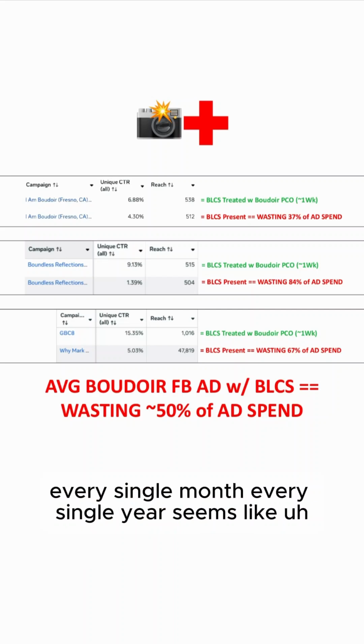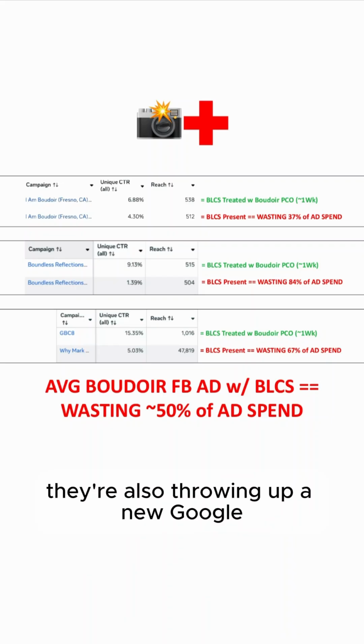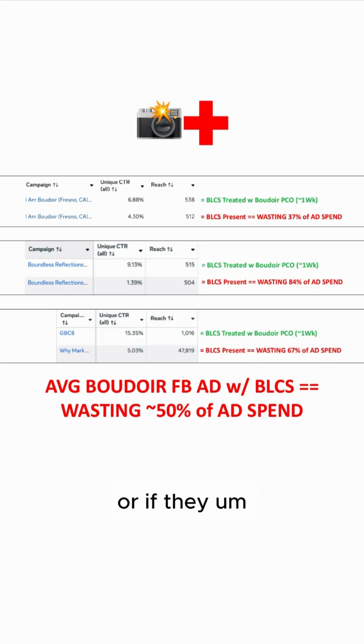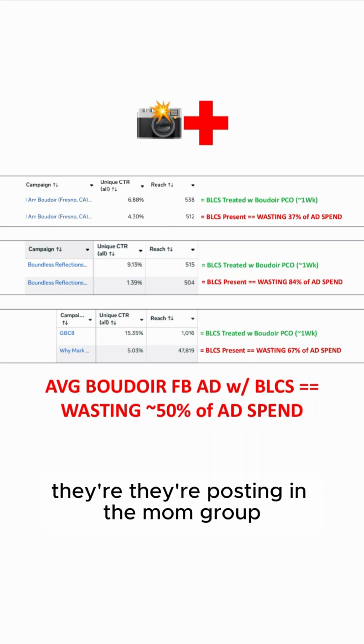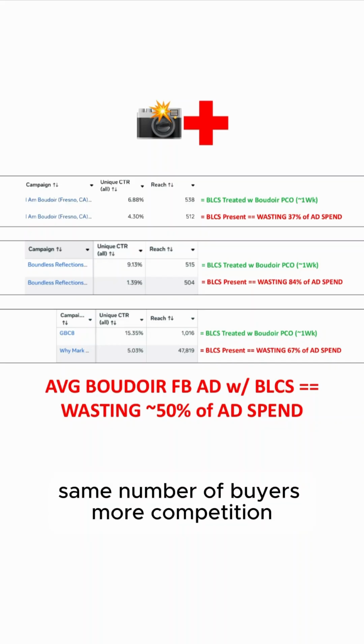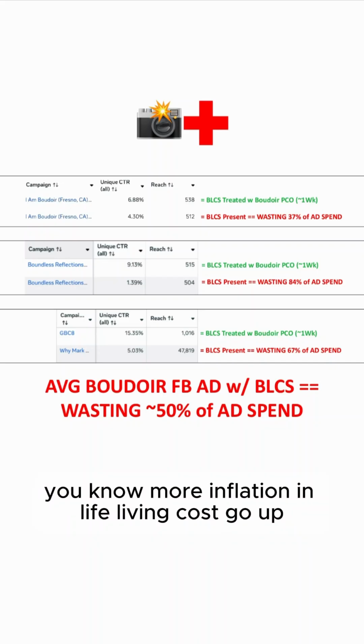Seems like whenever anyone gets a new iPhone, they're also throwing up a new Google My Business profile saying they now offer Boudoir, or if they get a new camera, they're posting in the mom group saying they now offer Boudoir. So there are more service providers, the same number of buyers, more competition, and you're also seeing more inflation in life, living costs going up.